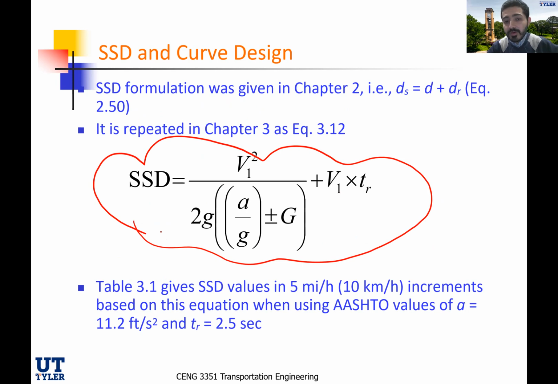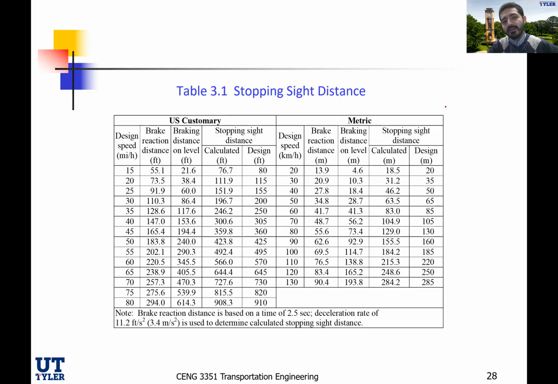It will be provided to you. Although it's one of the conceptual ones, this one I typically provide. But the T, I'm expecting you to know. T is 2.5 seconds, unless something else is mentioned. If I tell you that T is 1.5, we're going to use 1.5 seconds. But if nothing is said about the T, you're going to use 2.5 seconds.